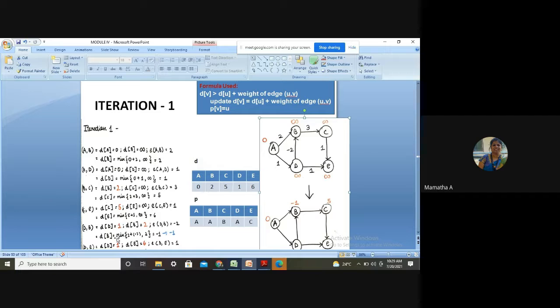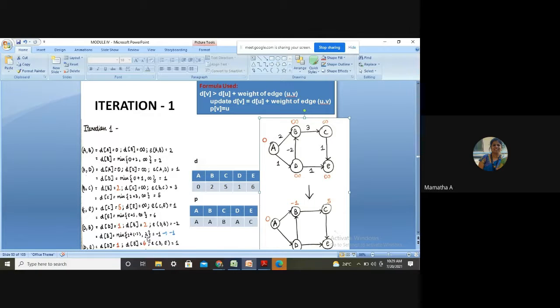So d of B earlier was 2, but via D you can observe d of D plus minus 2. Which is minimum, students? -1. So -1 becomes minimum.